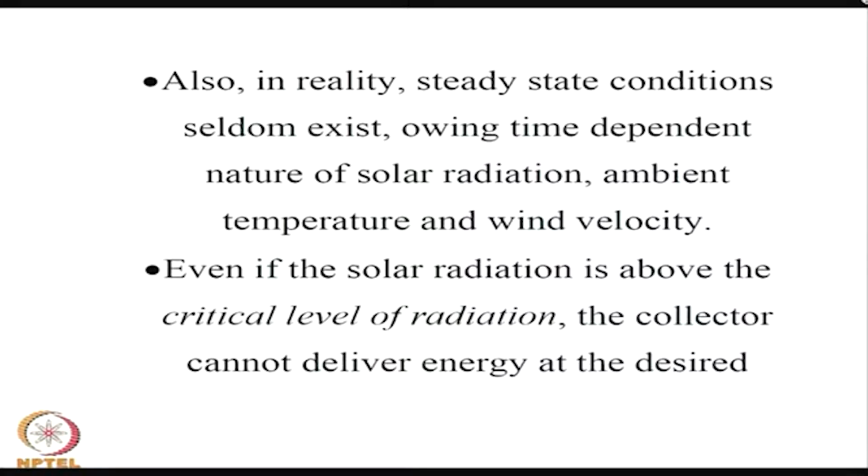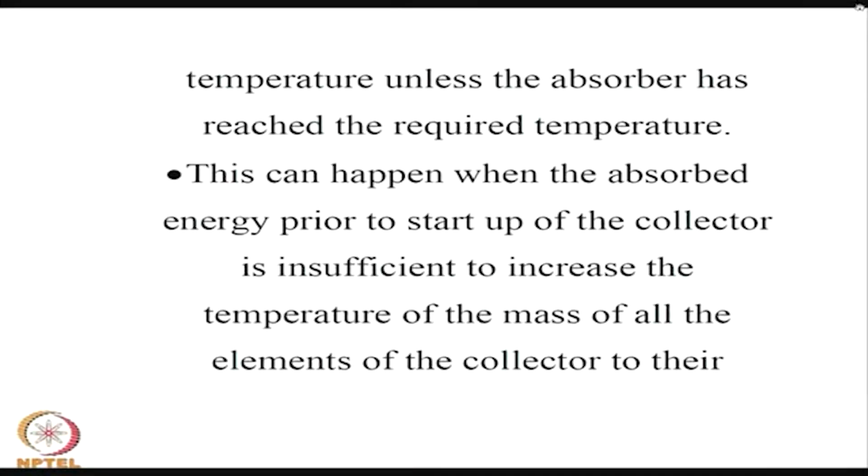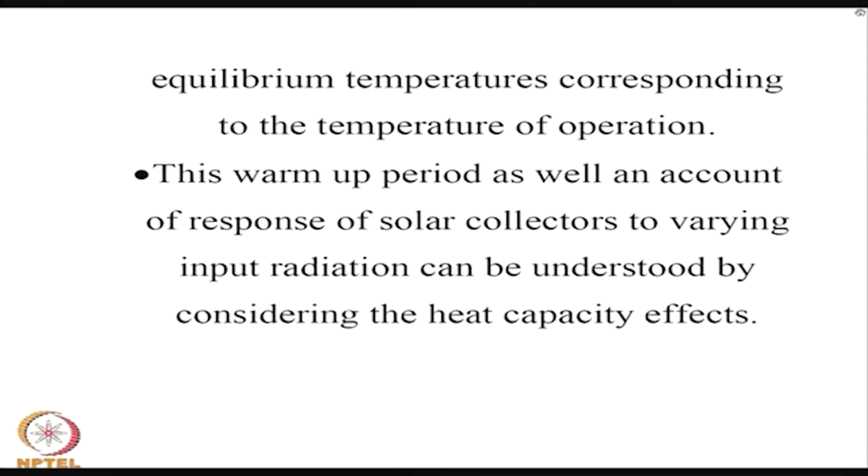So, these are the reasons which I have already stated: even above the critical level of radiation, the collector cannot deliver energy at the desired temperature unless the absorber reaches the required temperature. So, what is essential is that the warm up period for the collector should be less than or equal to the time required for the critical level of solar radiation to be reached.